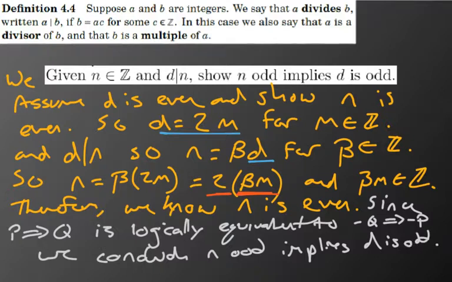So even though we didn't work with N being odd, we still get the result we wanted because the contrapositive and the original conditional are the same. They have the same truth value.